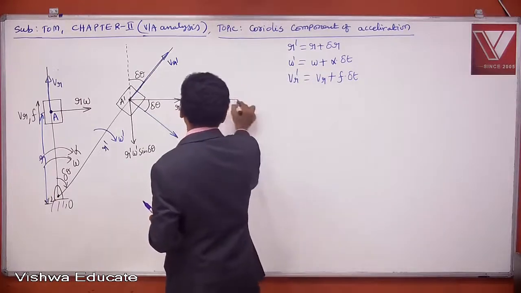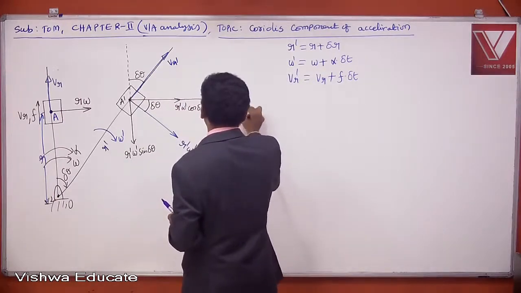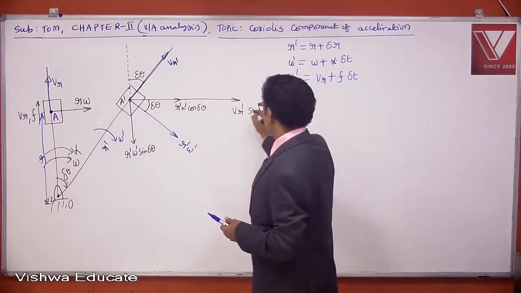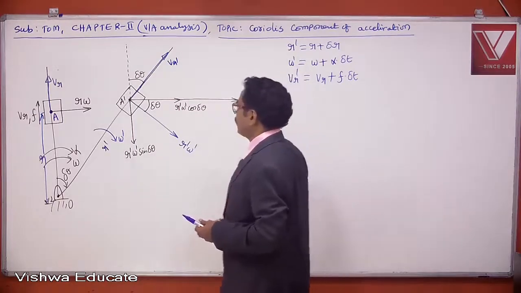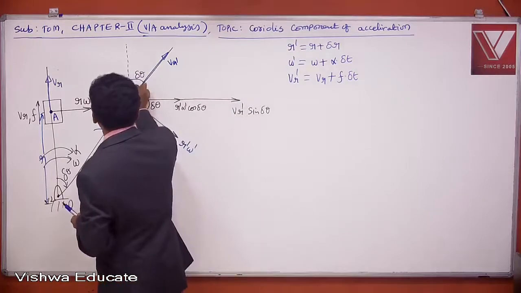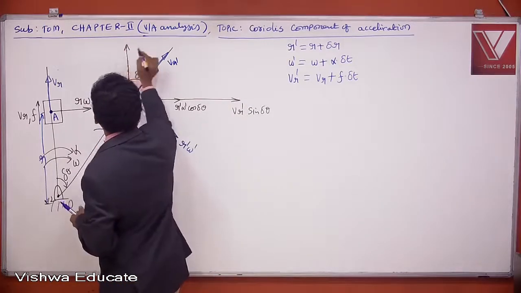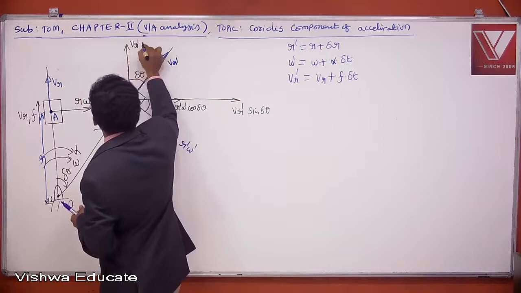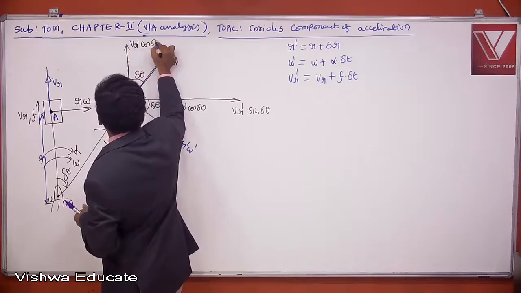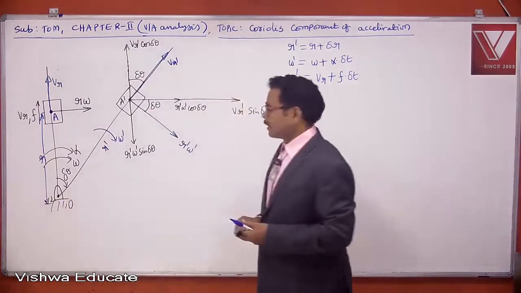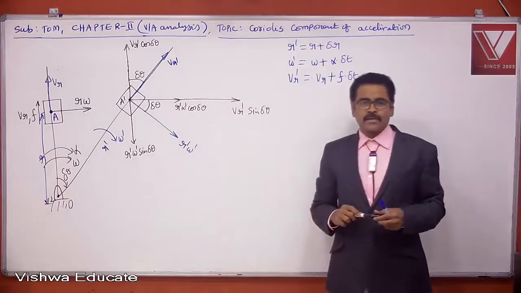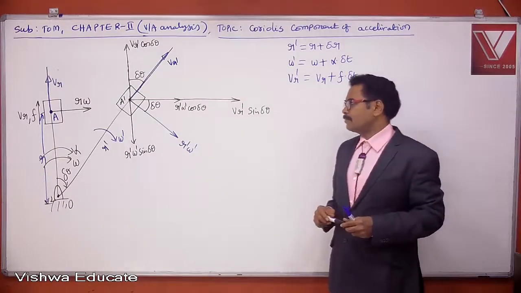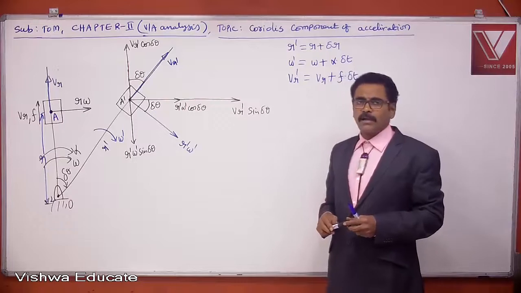The horizontal component of VR dash is VR dash sine delta theta, and the vertical component will be VR dash cos delta theta. Understand? So every vector I am resolving here into horizontal component and vertical component.